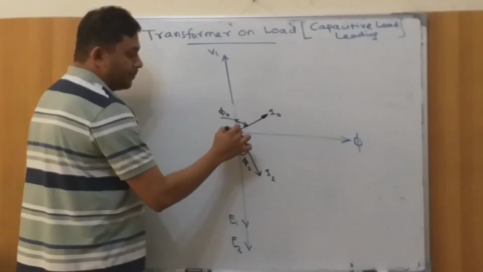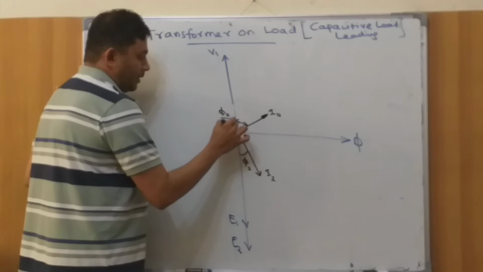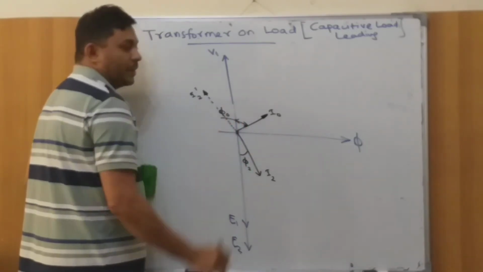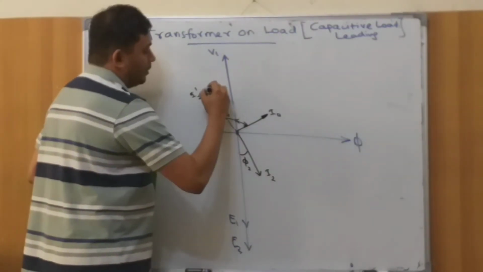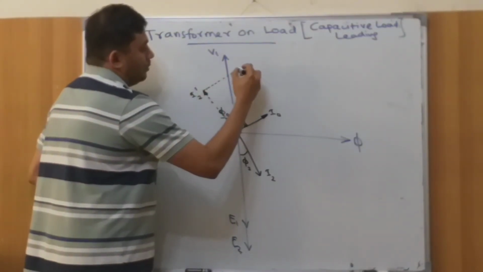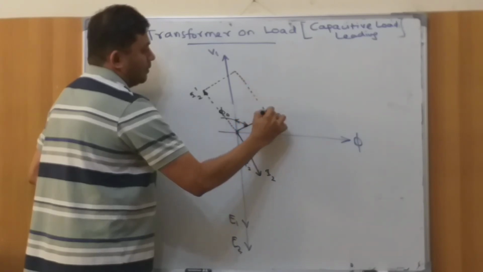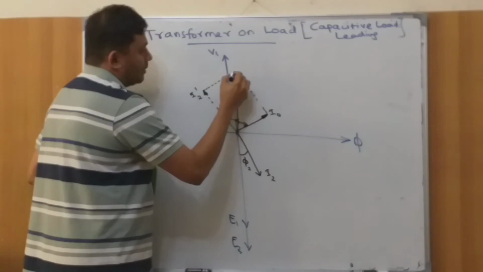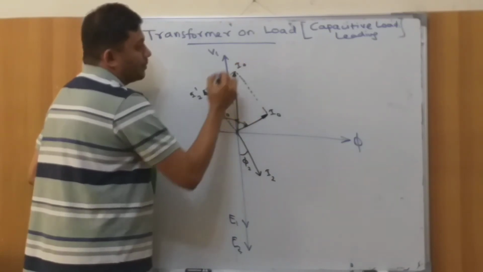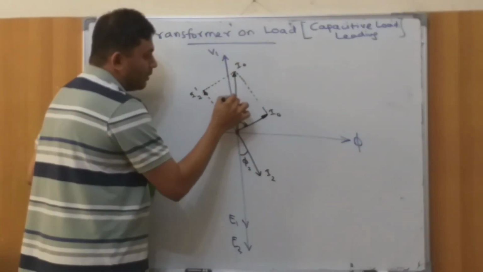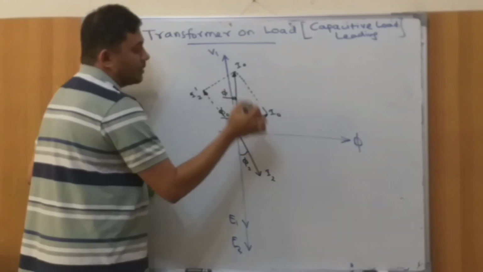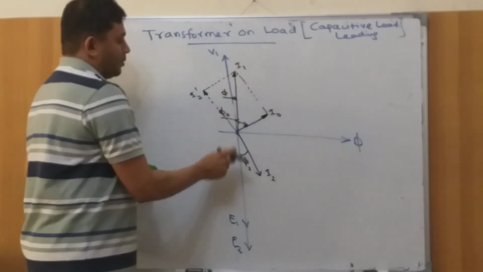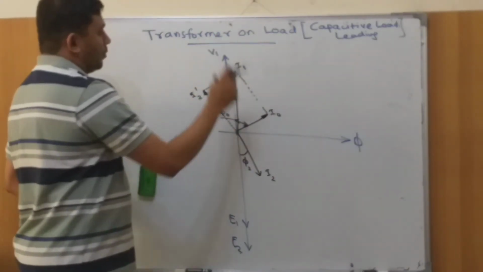Then the corresponding value reflected on the primary will be something like this, which is I2 dash. Then, as we said before, you extend it like this, here and here, then complete this. You have I0, right? So then we'll find a very small angle here, that is the resultant angle. Sorry, it's supposed to be I1. Yes. So I2 dash, I0 and I1.